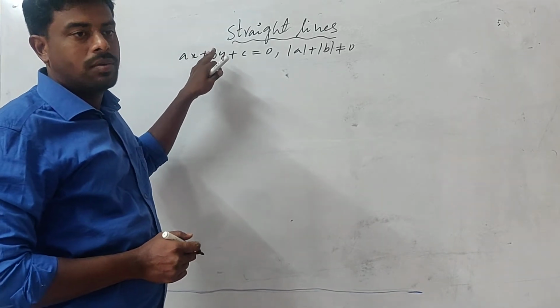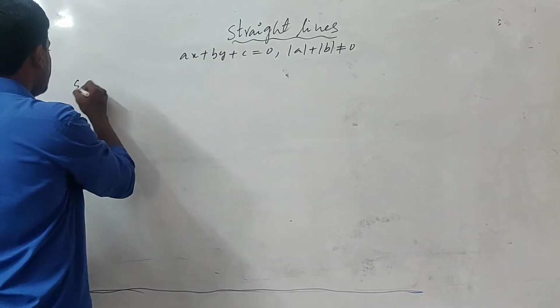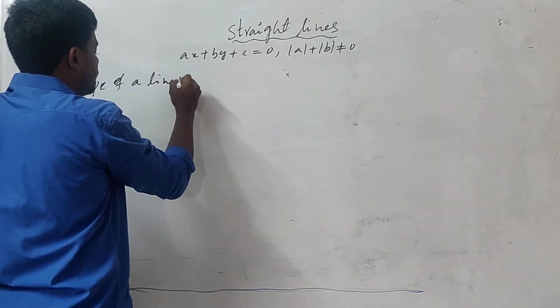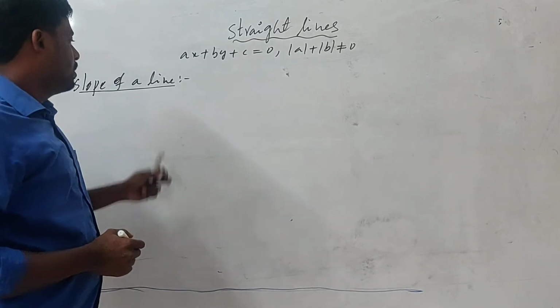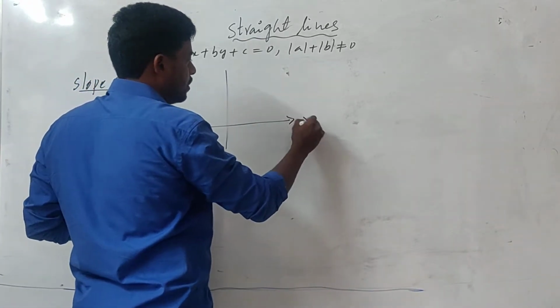So next we are going to learn about the slope of a line. Slope of a line, nothing but what? Let us take a coordinate axis.